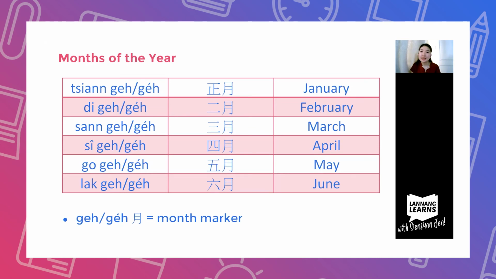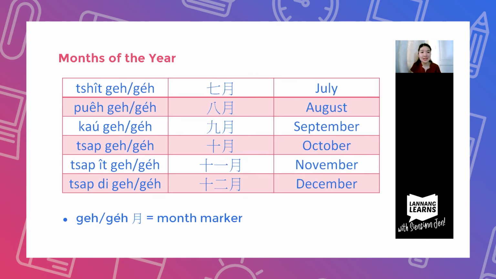So we say dige, sage, sige, goge, lakke. Again, that's siage, dige, sage, sige, goge, lakke. Then we have chitge, wege, gauge, sabge, sabkitge, and sabdige.